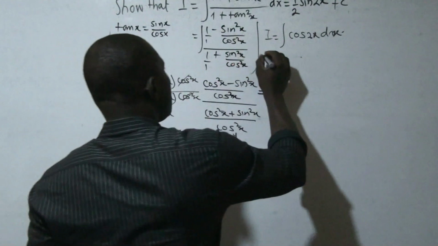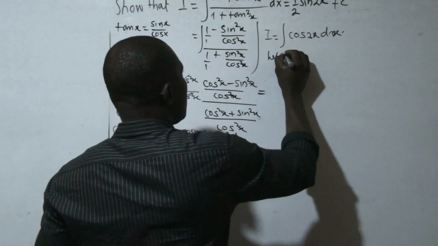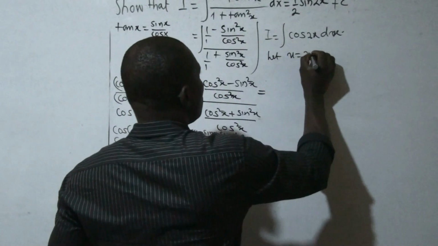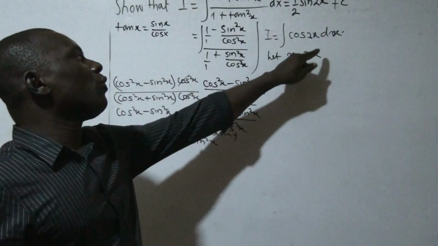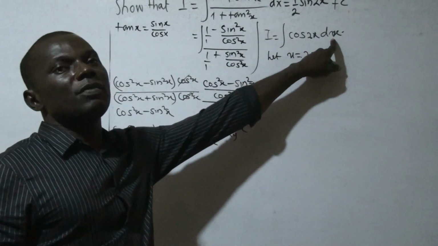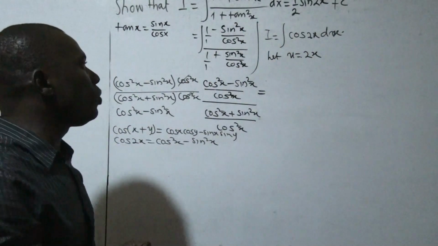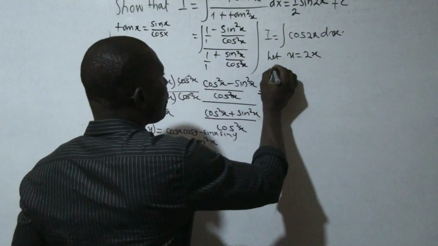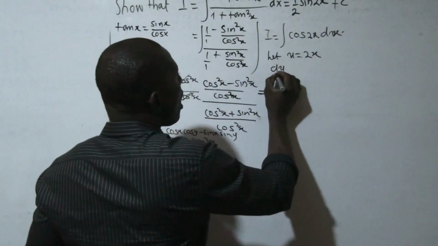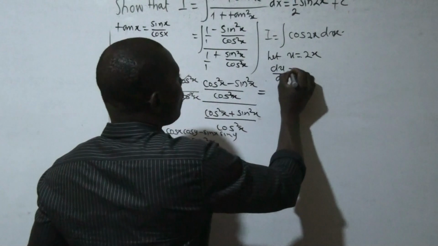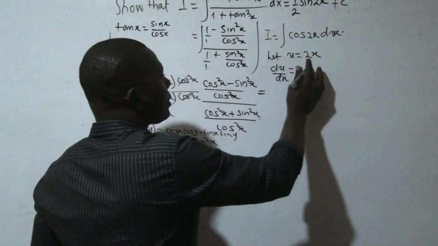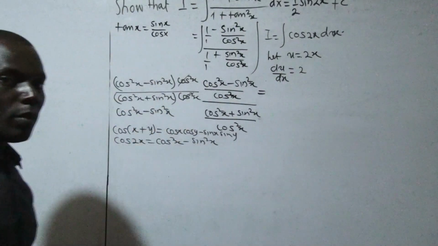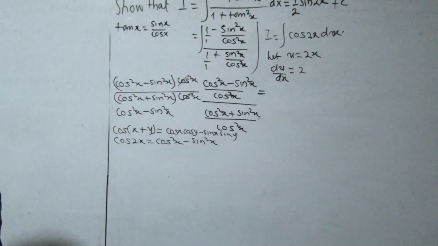Here we say let u is equal to 2x. We're going to look for an expression in terms of dx from here. So by so doing, we differentiate: du over dx. If we differentiate 2x, it just becomes 2.